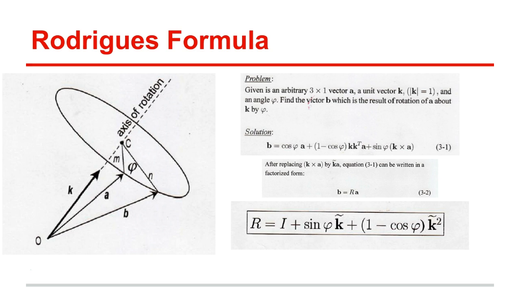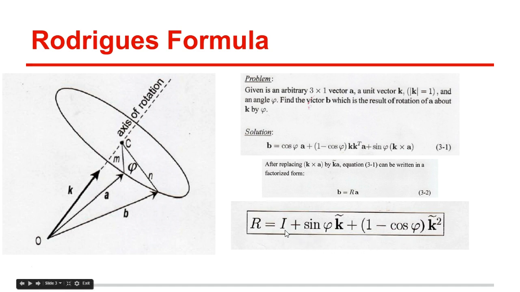So the goal is to be able to just have this matrix, which right now we can consider like a magic number, a rotation matrix that you can multiply with any other vector, and you'd be able to get the resultant vector. So this is what the rotation matrix formula is.